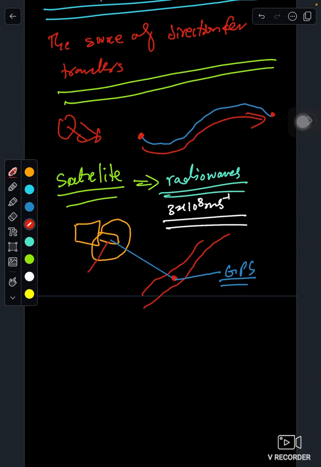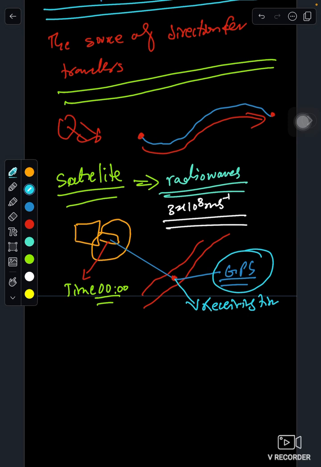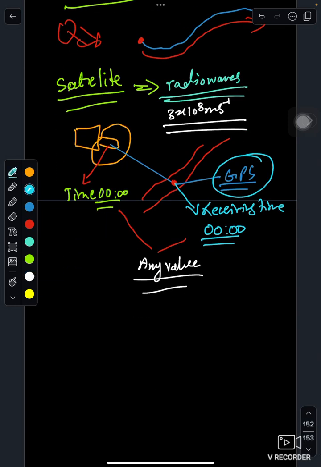The signal is sent at a certain time, and then the GPS in this car receives it at some other time, whatever the value is.